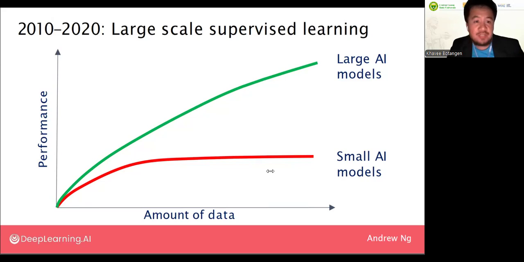This led to a pivotal realization: training very large AI models on powerful computers with extensive memory could continually enhance performance as more data are introduced. Today, large-scale supervised learning remains crucial, and the concept of training very large models for labeling data has paved the way for the emergence of generative AI.